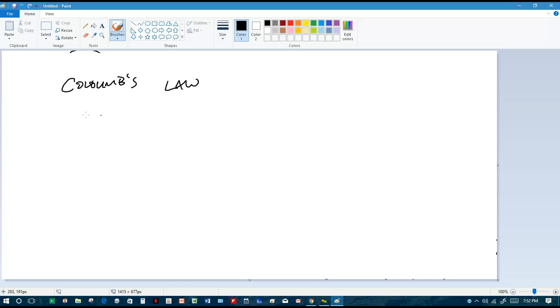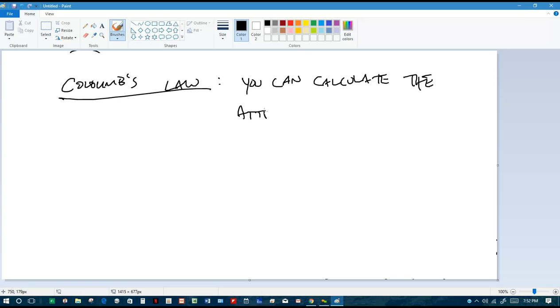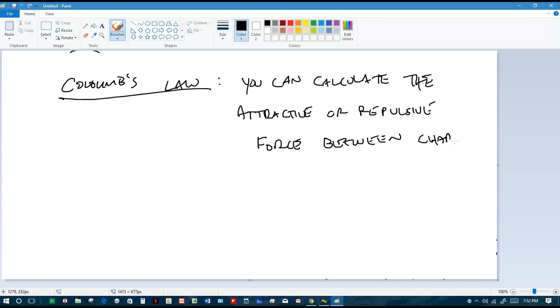Coulomb's law is the idea that you can calculate the attractive or repulsive force between charged particles.